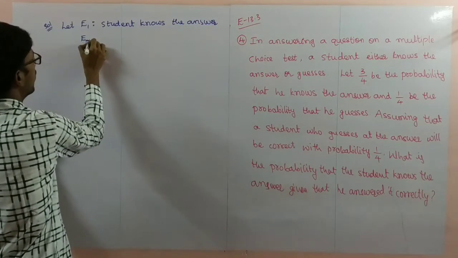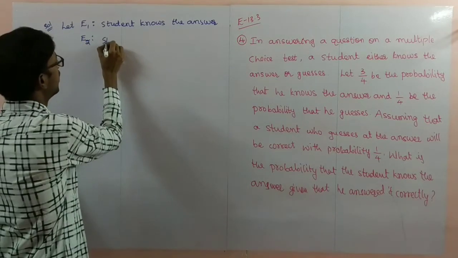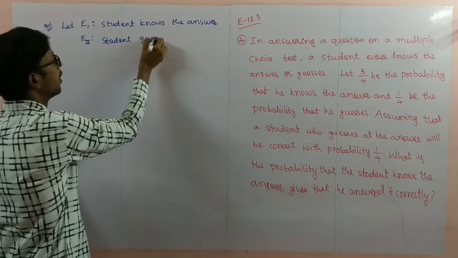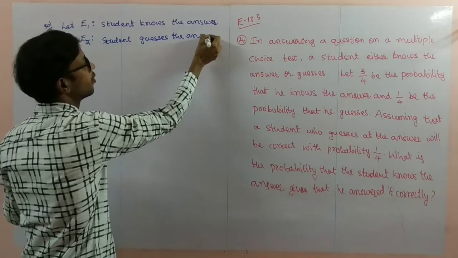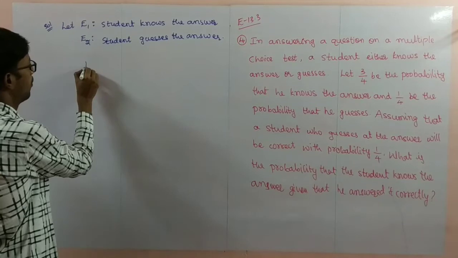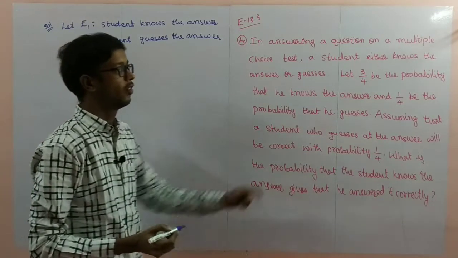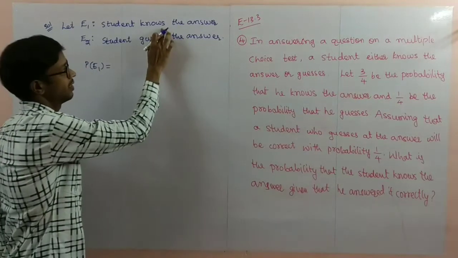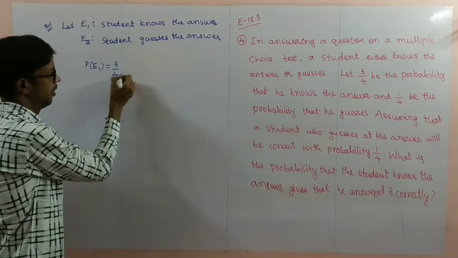E2 be the event that the student guesses the answer. So now the probability of E1 is equal to 3 by 4, the probability of knowing the answer. Probability of E1 is 3 by 4.